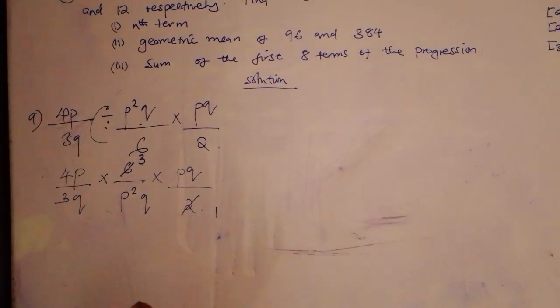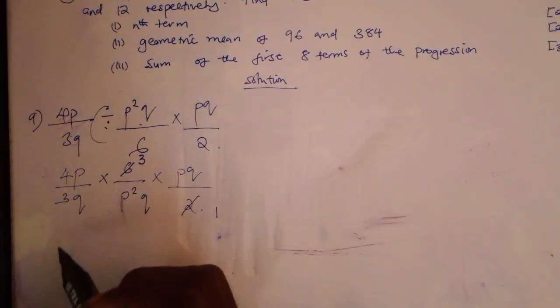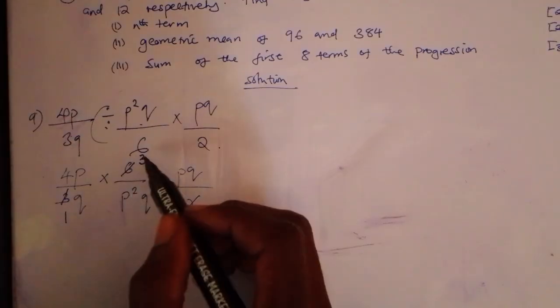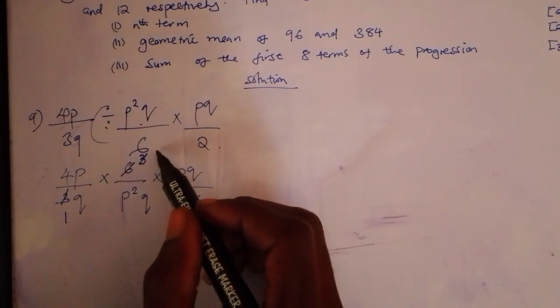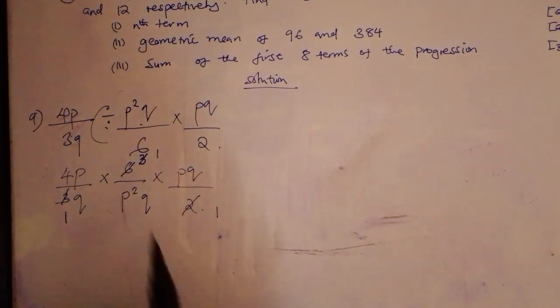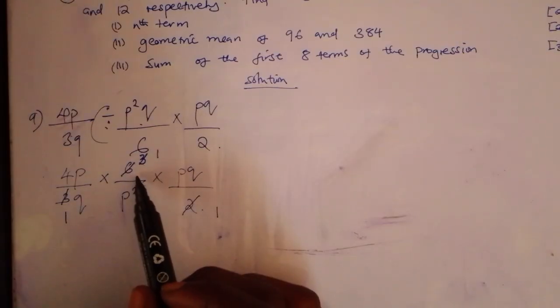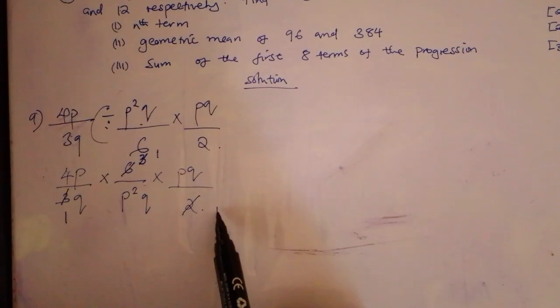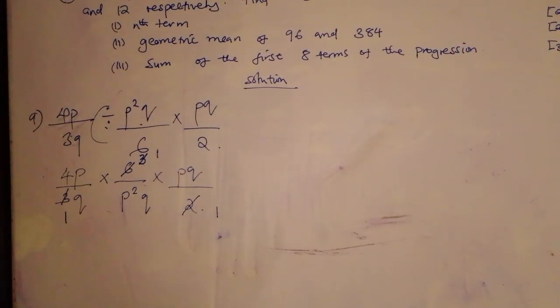Then again 3 into 3 is 1. 3 into 3 is 1. So here at the middle we only remain with 1. Here we also have 1.